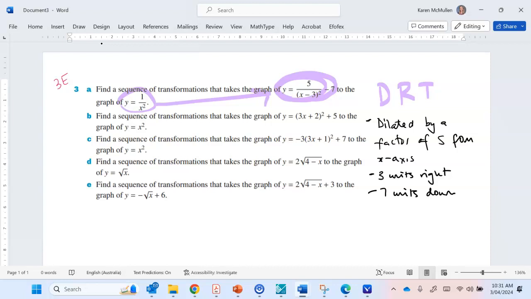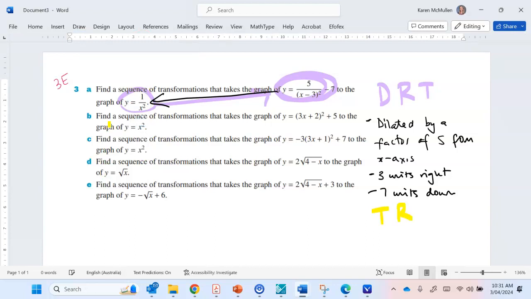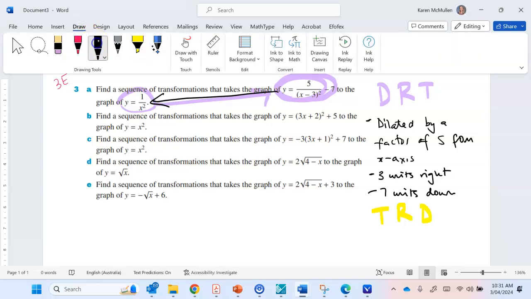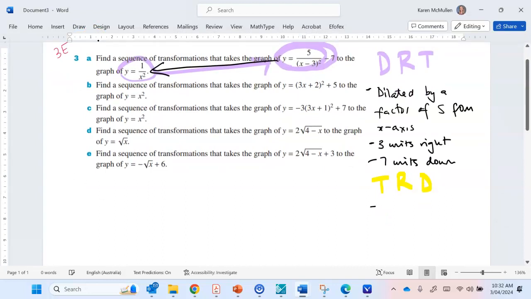Now, if we were to go the other direction, which is what this question is saying, going from the transformed back to the basic, then basically it's the same transformations but in reverse. So instead of DRT, we do our translations first and then your reflections and your dilations. If we were going 7 units down, we would go 7 units up.